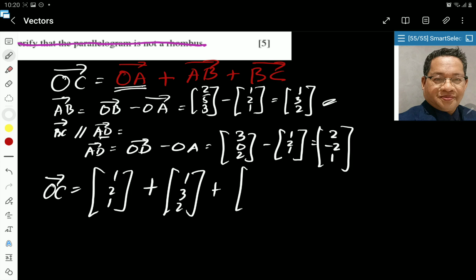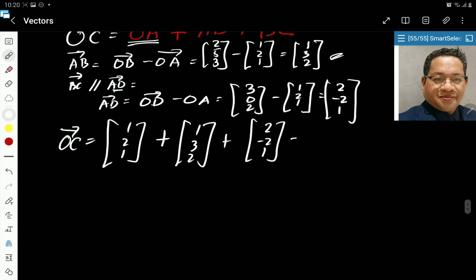But BC is the same as AD, which is 2, negative 2, 1. So that is equal to 1 plus 1 plus 2 is 4, then 2 plus 3 minus 2 is 3, 1 plus 2 plus 1 is 4. So 4, 3, 4.